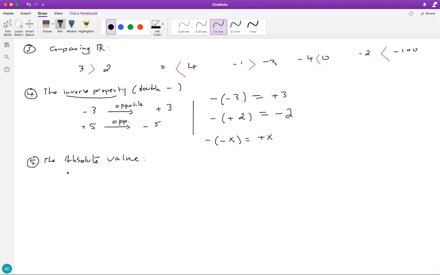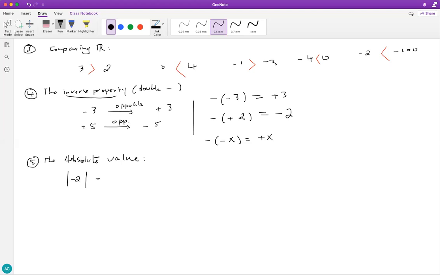The symbol is this, 2 vertical bars like this. They're not parentheses, they're not brackets. They're just 2 vertical lines. Inside goes a number or an expression or a variable like this. Let's say, for example, -2.